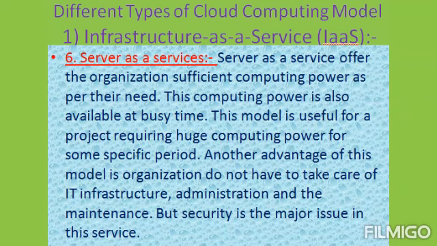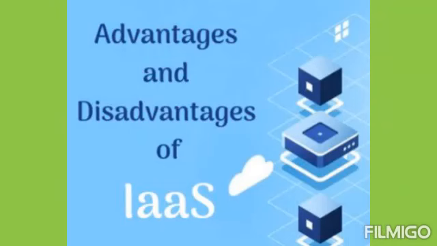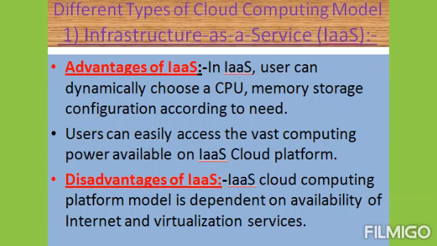The next and last service model is networking as a service. Network as a service offers networking-related resources to organizations or users on demand as per their requirement. This service is demanded by organizations to support their virtual networks, and it includes services like firewall, wide area network acceleration and load balancing.